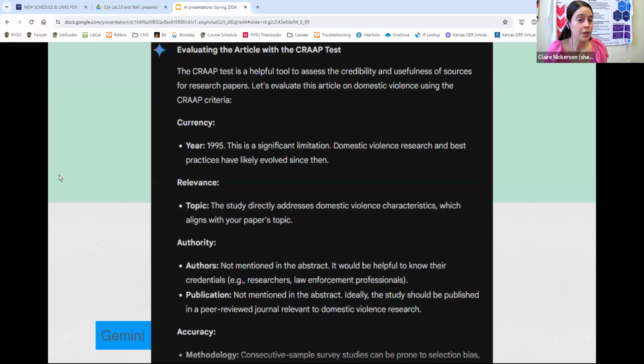It then gave me some recommendations for moving forward, like look for more current articles, look for articles in specific fields, use specific databases, although it recommended Google Scholar, being a Google product, which maybe is not what I would recommend as a starting point. But overall, pretty good.